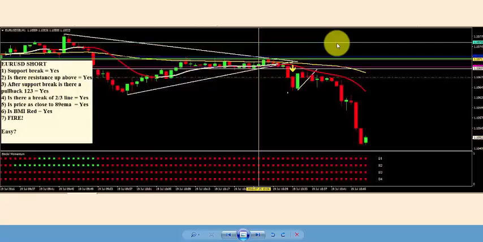They act as very strong support and resistance. Often when you have lots of pivots close to each other, especially here where I've got the green pivot and the yellow pivot, expect that to be a signal for a big move.